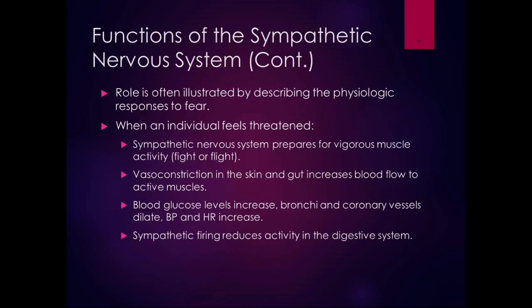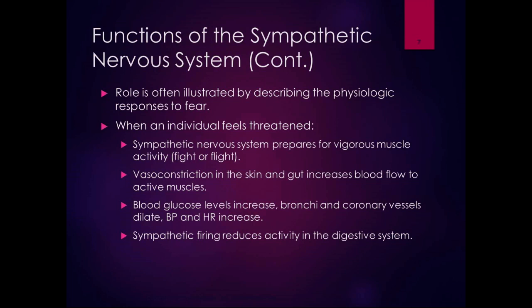So, like I said earlier, the role of the sympathetic nervous system is often illustrated by describing the physiological responses to fear. It's fight or flight. So when you feel threatened, the sympathetic nervous system prepares for vigorous muscle activity. That's that fight or flight. Either you've got to punch the tiger or you've got to run from it.